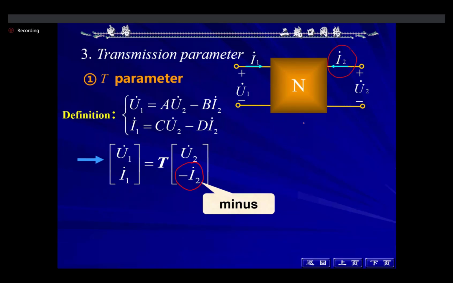But in actual practice, we always assume this current flows in and this current flows out. We always discuss the relation between I1 and I2 prime. The I2 prime is the inverse of this I2, so we use the inverse here.